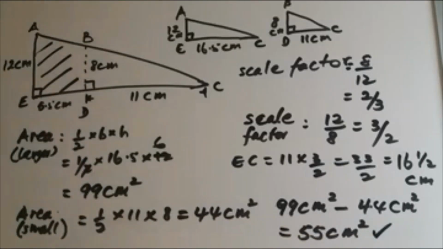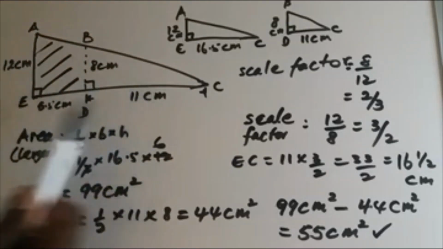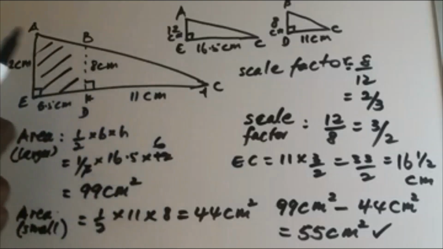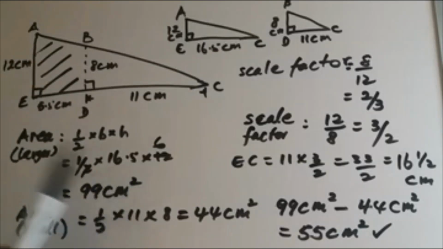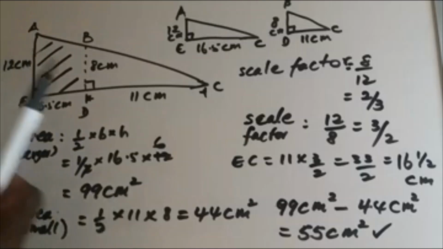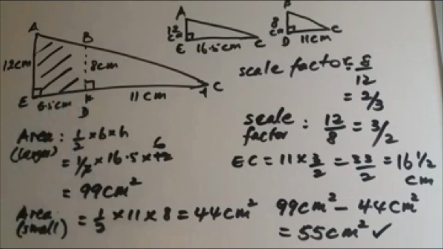So this was a problem of similar triangles. It's a good idea if you can understand this. This is what is called true problem solving. So first we found the scale factors that would allow us to move from large to small or from small to large.